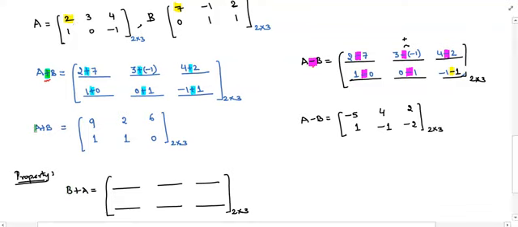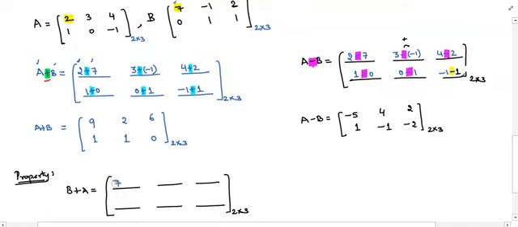In this one, A is positioned first and then B. Here the position is changed. B comes first and then A. So the procedure remains same, but we just change the position of the elements. When we were finding A plus B, we kept the element of A at the first position and then the element of B. Here we are doing B plus A, so we start with the element of B first.